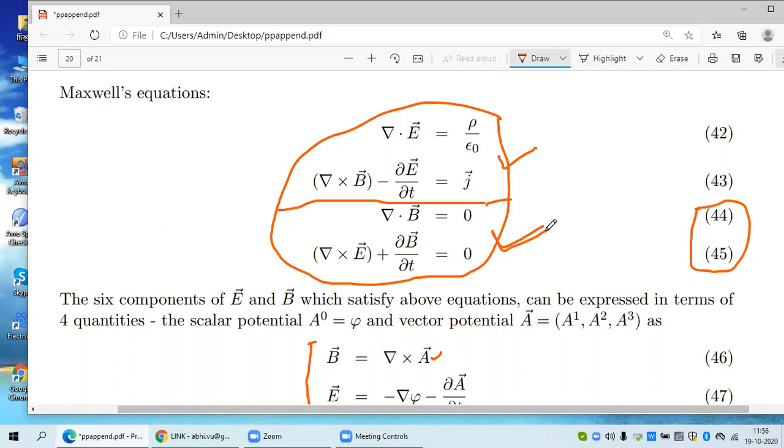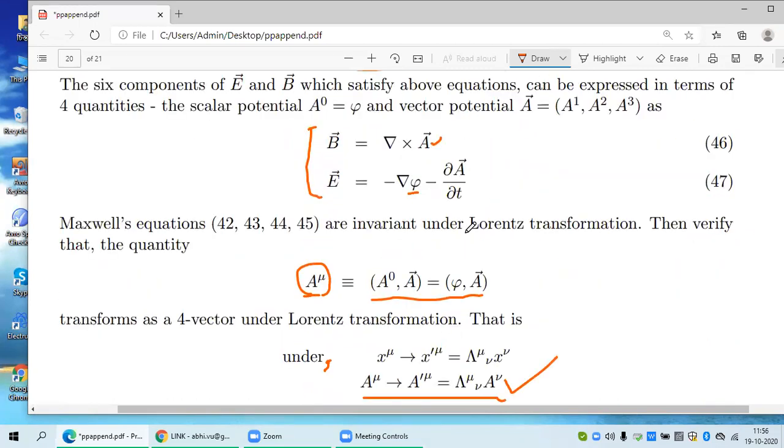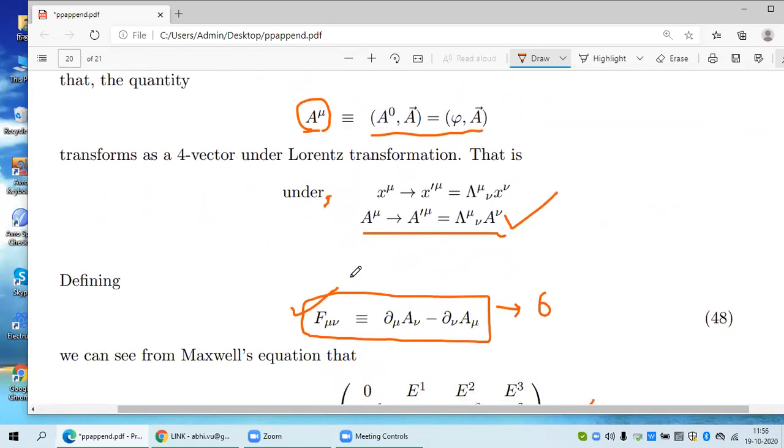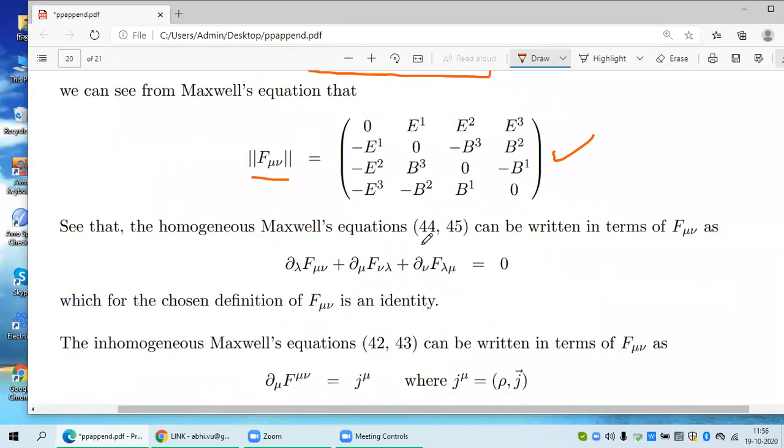Now look at these 2 equations, 44 and 45. If you want to write this in terms of f mu nu, you can see that equations 44 and 45 will take this form. You can check this. You know this, right? Bianchi identity.